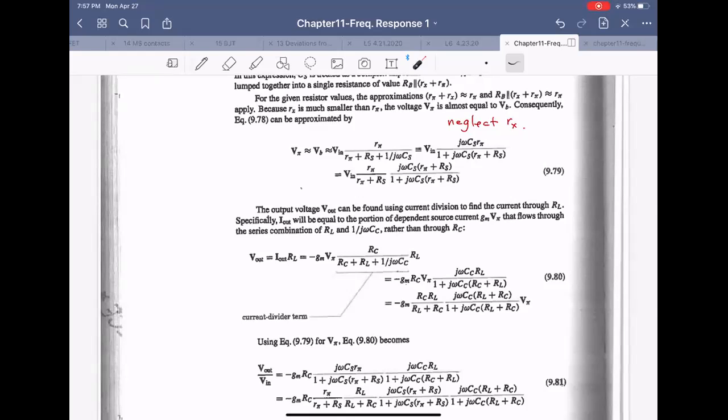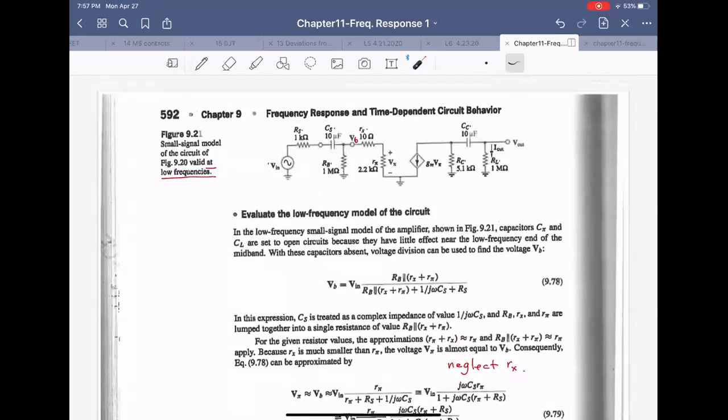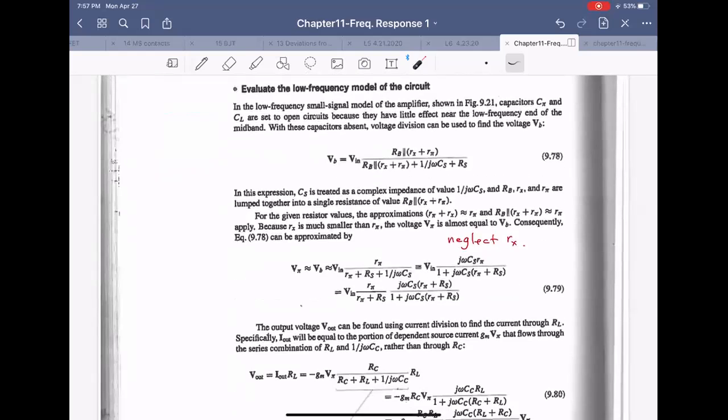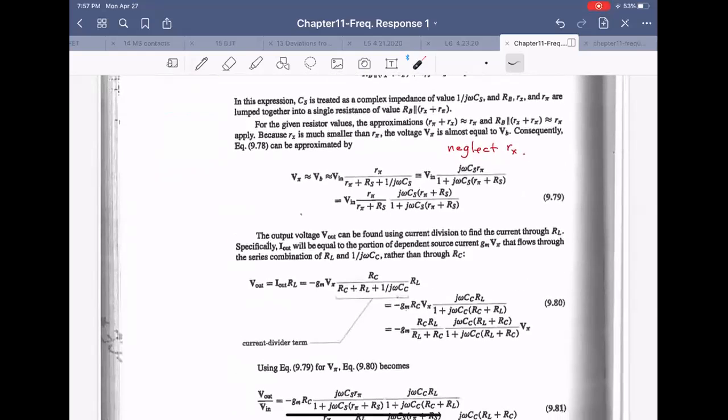And then we just modify this, make this form: minus gm RC RL over RL plus RC. Okay, you can see if we have just RC and RL like that, this is the output voltage. And V pi, we just substitute V pi here.